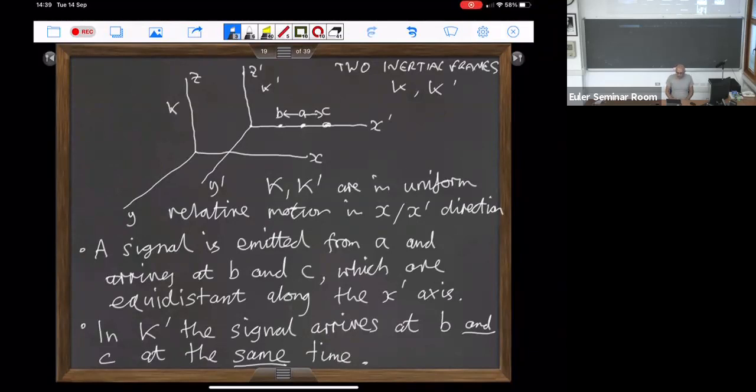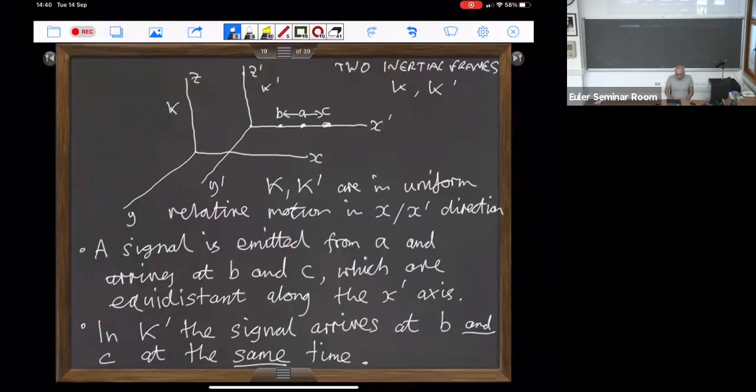K prime relative to K has the same Z coordinates and the same Y coordinates, but is moving relative to K along the X direction. Its X coordinate I'm calling X prime because it's not the same as X. Later on, we'll see how to get from X to X prime.